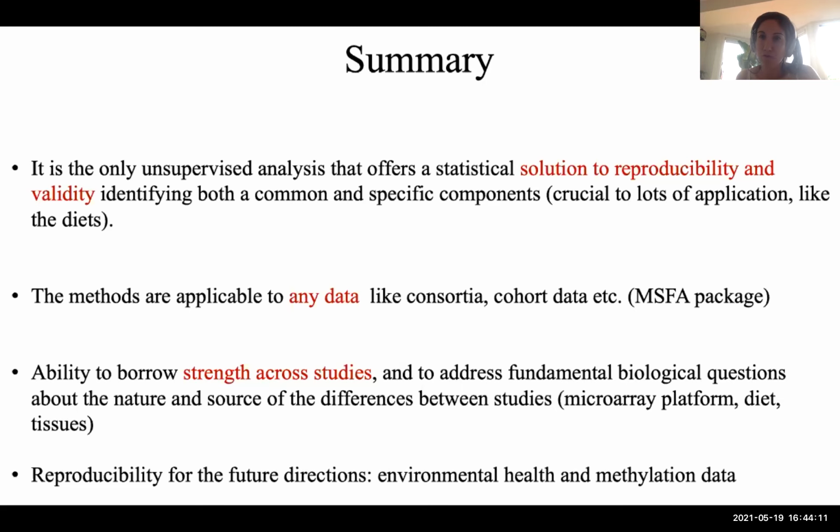I think this comes at the right time, where we have a lot of different data and a lot of different sources where we can access the data. So reproducibility is no longer one simple thing to think about, but needs to be addressed in all of our biological applications. There are many different future directions that I'm developing right now that could go into environmental health or also methylation data.